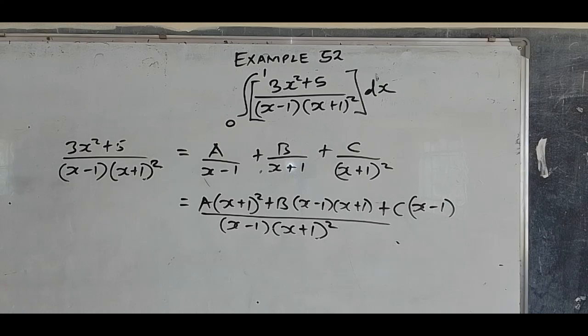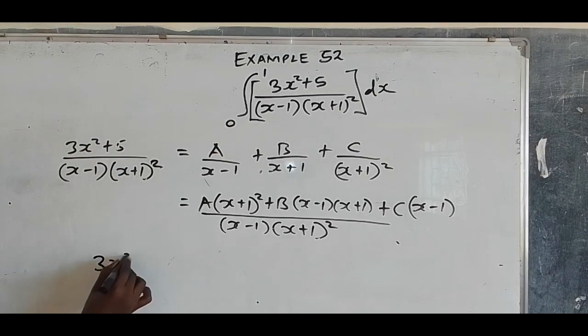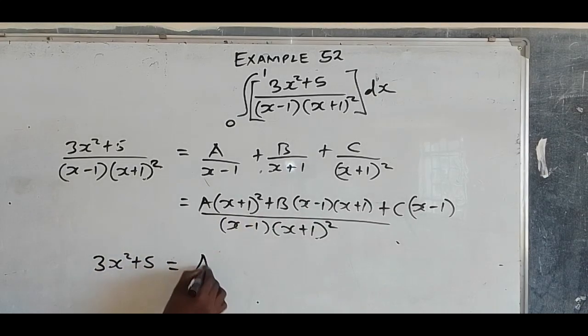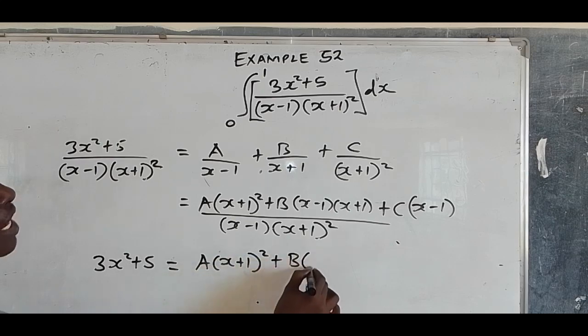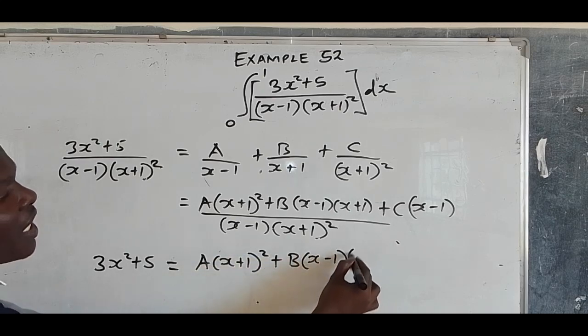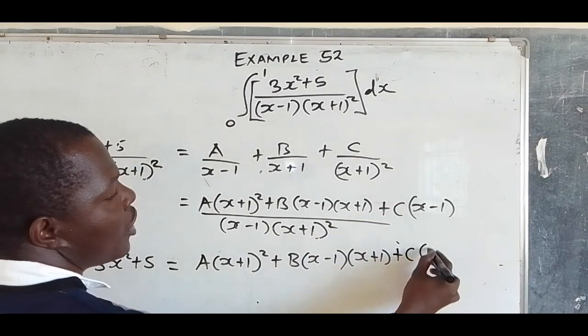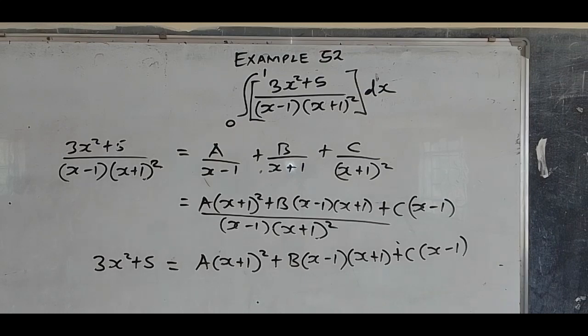The numerator we have is 3x squared plus 5, to be equal to the numerator of this, which is A into x plus 1 squared plus B into x minus 1, x plus 1, plus C into x minus 1. Are we together?